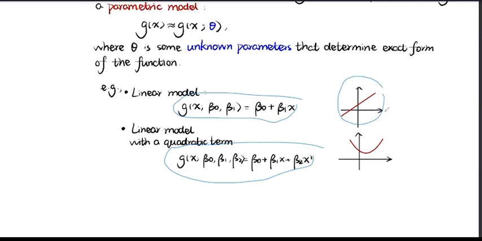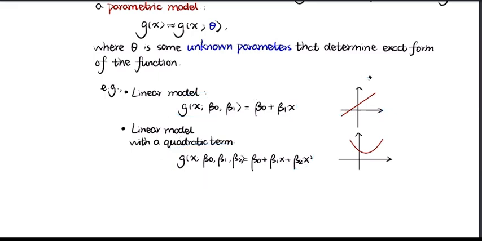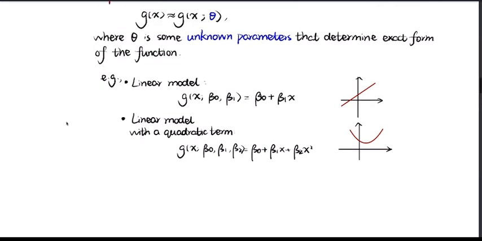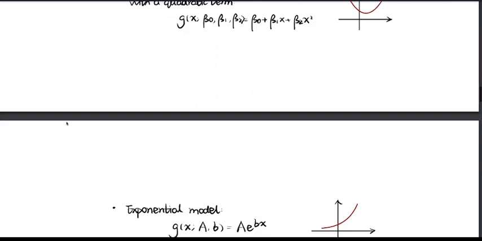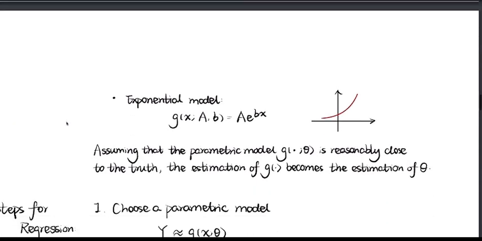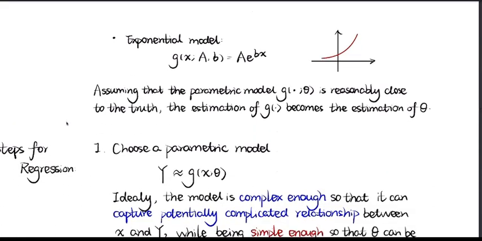After you've done that, you've got different kinds of models. I'm just trying to show you a few. Now there's another type of model, an exponential model. We've got different kinds of functions.